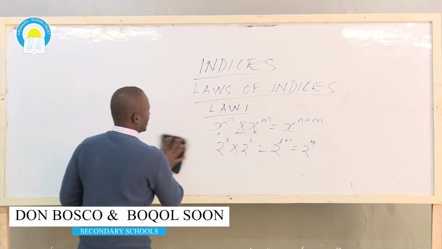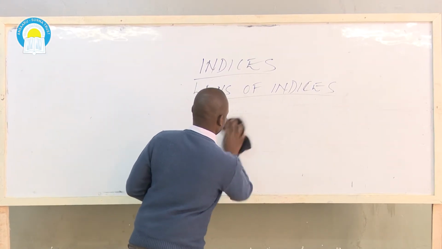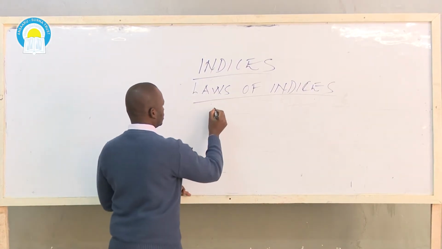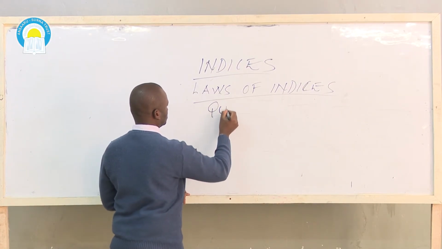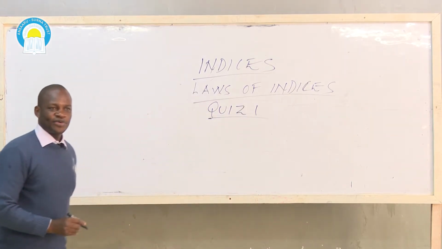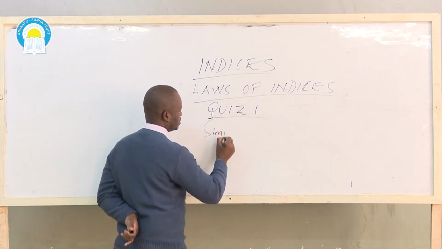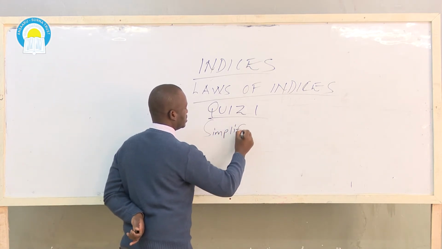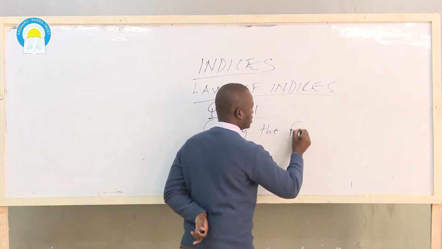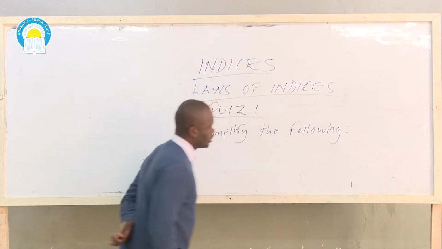Let's have quiz 1. Quiz 1, the question is: simplify the following.